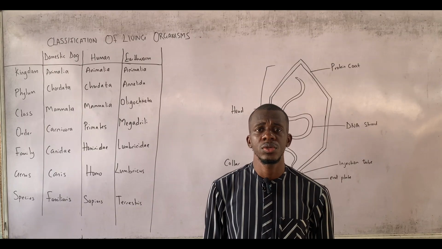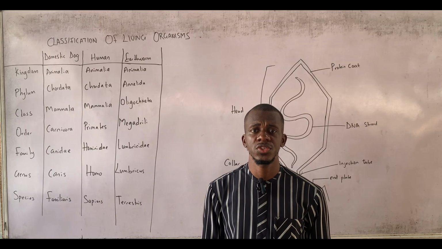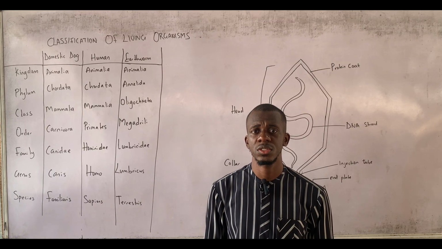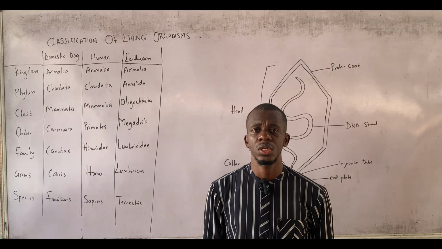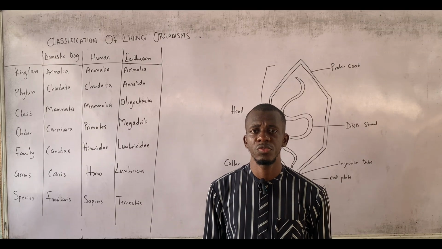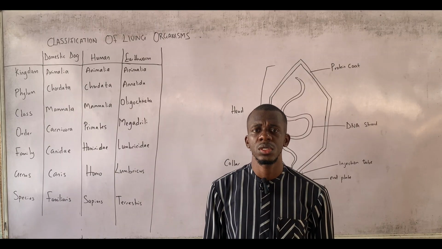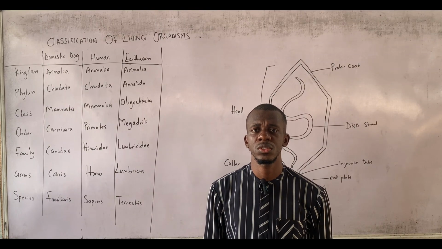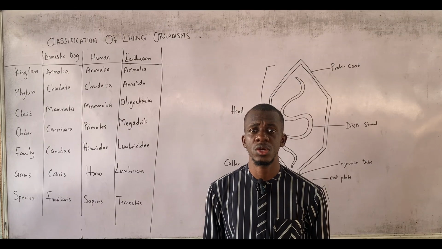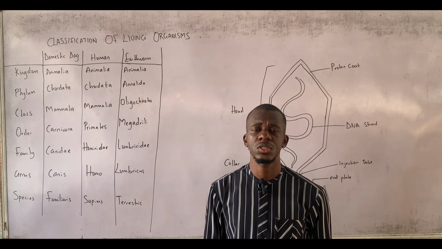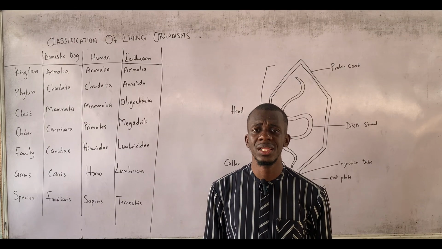Okay, so we have discussed on this channel introduction to biology and the branches of biology. We've equally discussed the cell, the types of cell, the kinds of cell, the cell theory, and the cell and its environment.